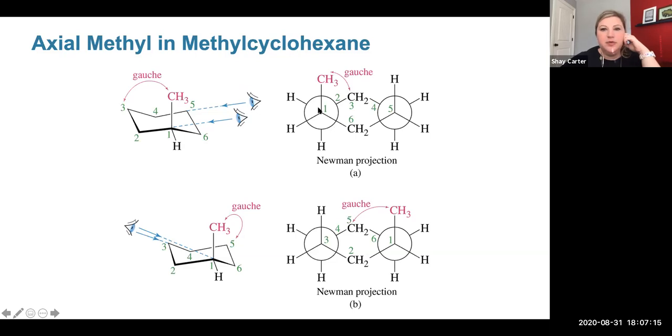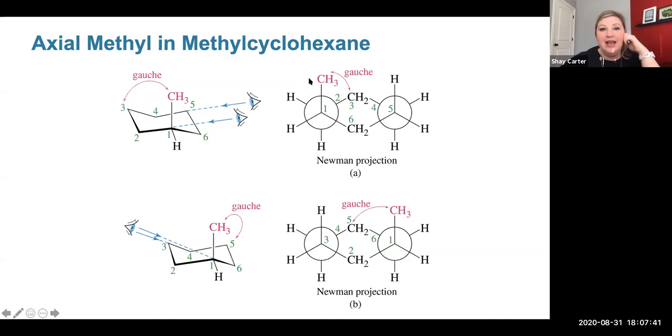So here are some Newman projections. If we look down the bond, when the methyl group is axial, okay, so it's pointing straight up at the sky, that causes a gauche interaction, a 60-degree interaction between a ring carbon and that methyl group. That's not the best place for the methyl group to be, okay?